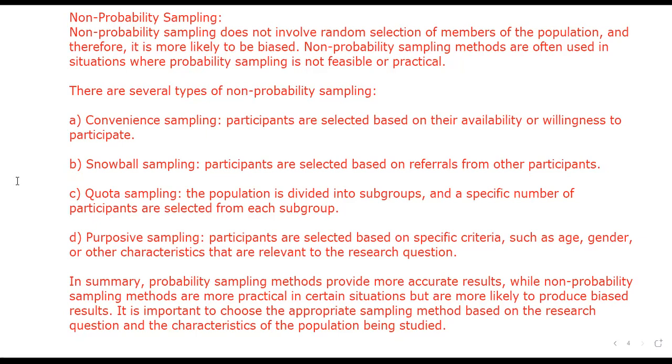Then purposive, which is also called judgment-based sampling, is one where you use specific criteria to select your respondents. For instance, age or gender or intelligence. You know that not everyone can represent a class. When it comes to debate, you look at people who are vocal, so you purposively select them.